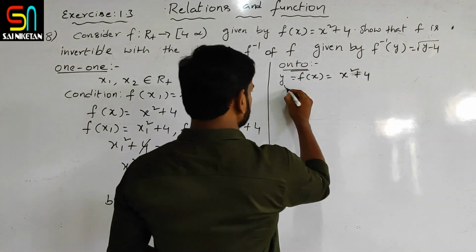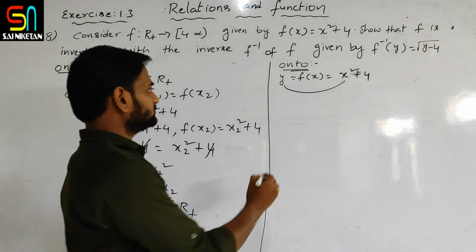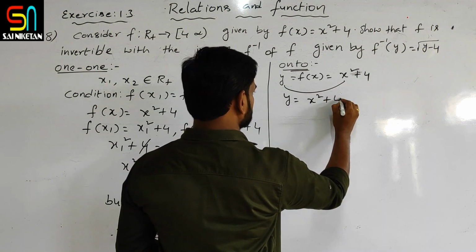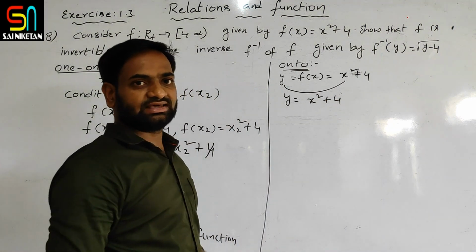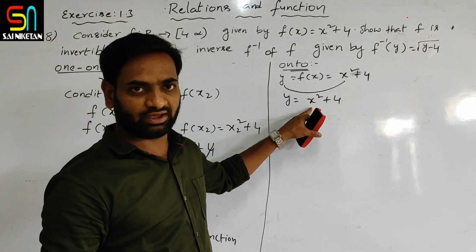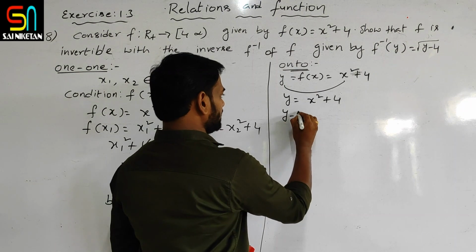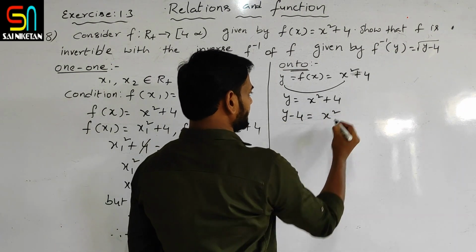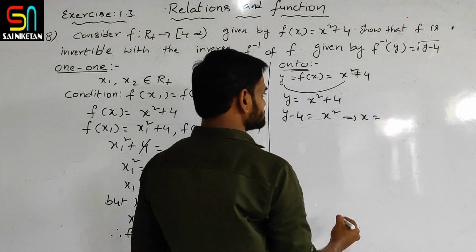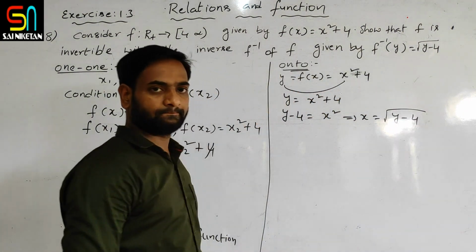Now take this, y equal to x square plus 4. From this expression, we have to find x value in terms of y. That is, send 4 to the other side. y minus 4 equal to x square. From this, what is the x value? Root of y minus 4.